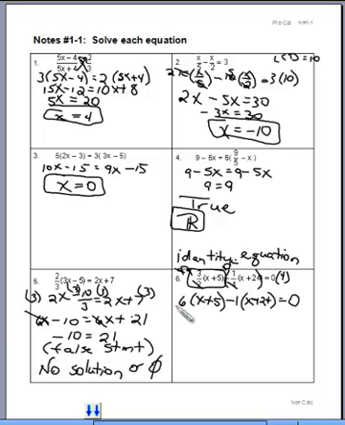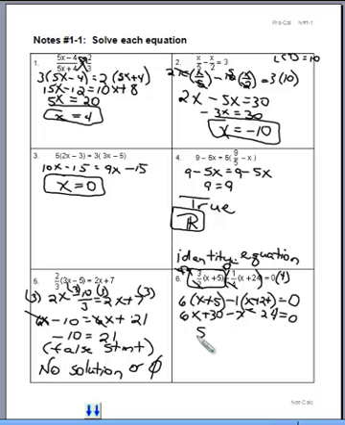Now we distribute. We have 6x plus 30 minus x plus 20, minus, I need to erase that. Find my eraser. Go back to my pen. Minus 24 equals 0.